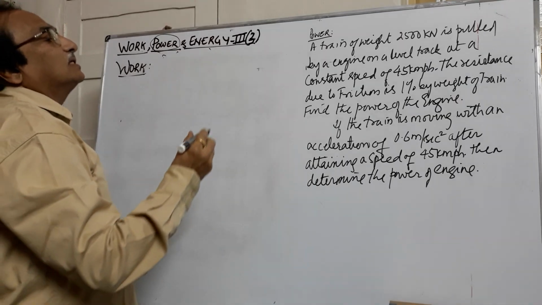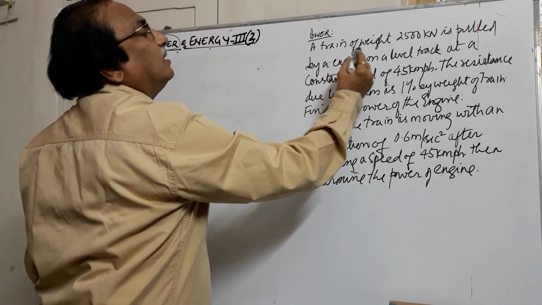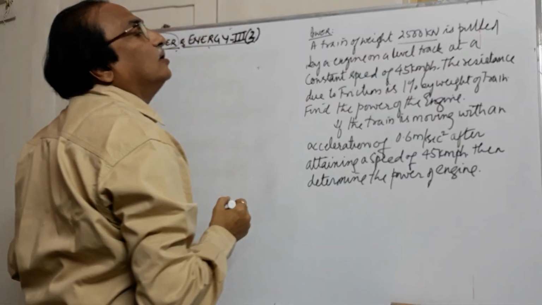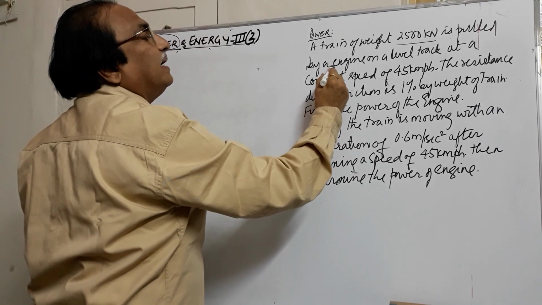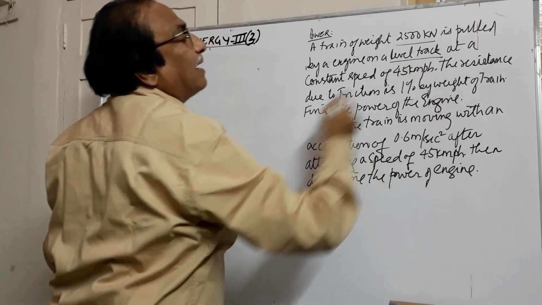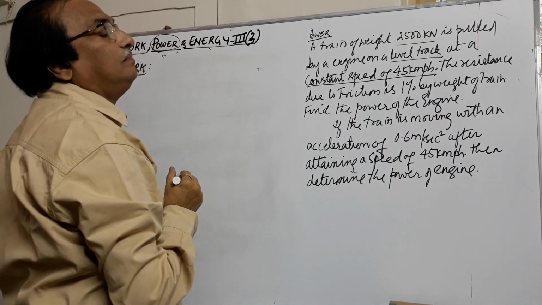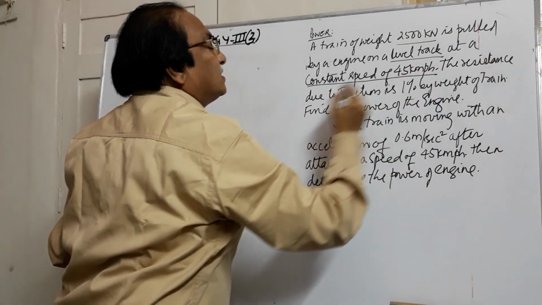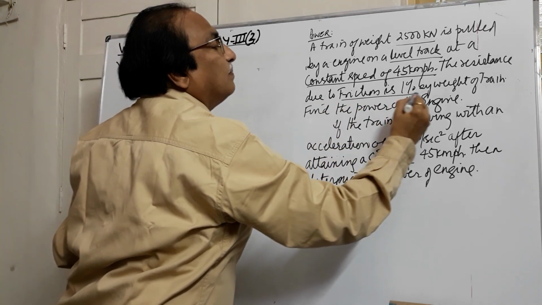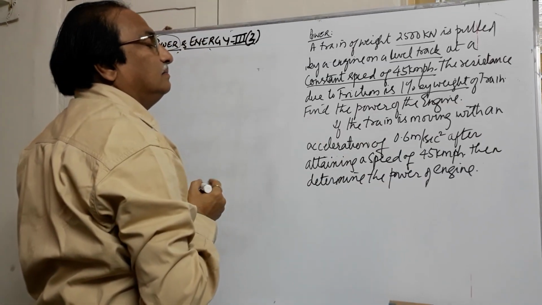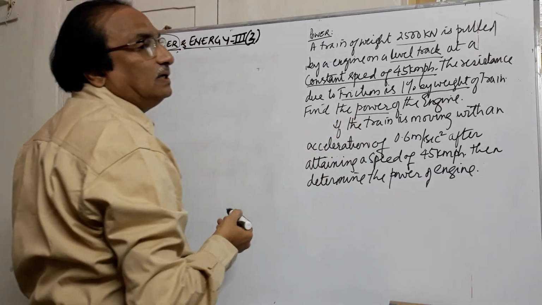Now here, see to this example. A train of weight 2500 kilonewton is pulled by an engine on a level track at a constant speed of 45 kmph. The resistance due to the friction is 1% by weight of train. Find the power of the engine.